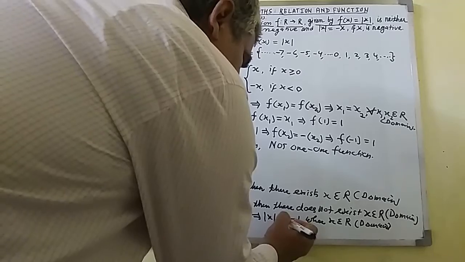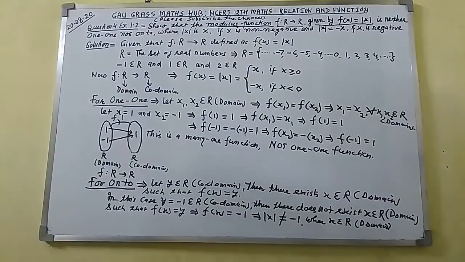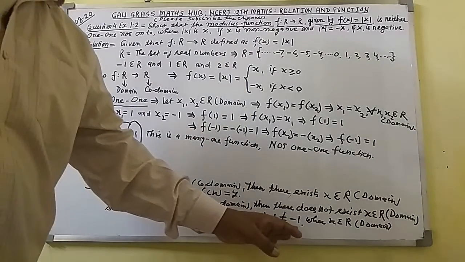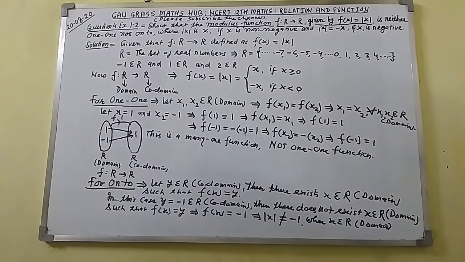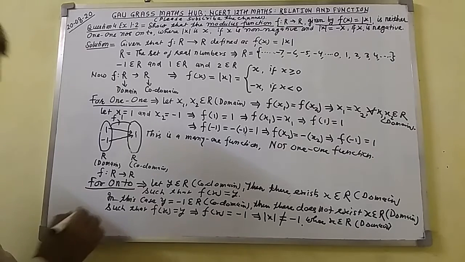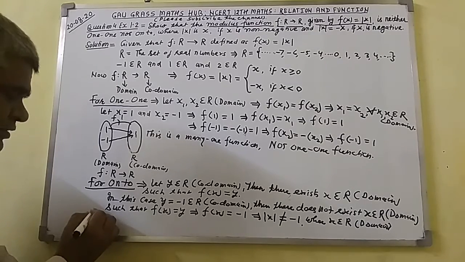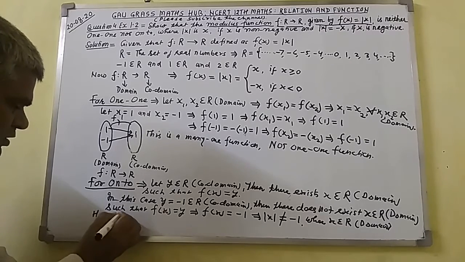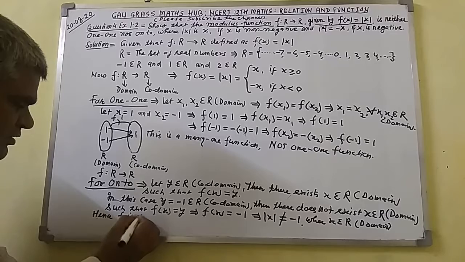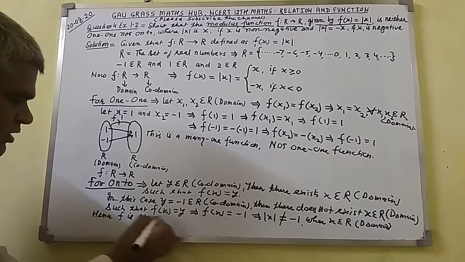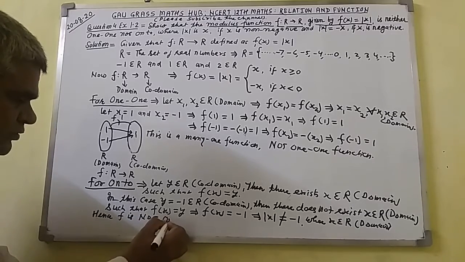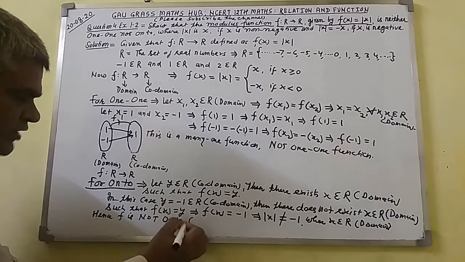So this is not possible. Mod x equal to -1 is not possible. Hence it is not an onto function.